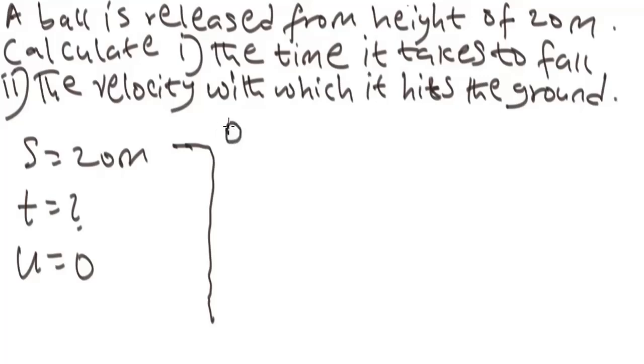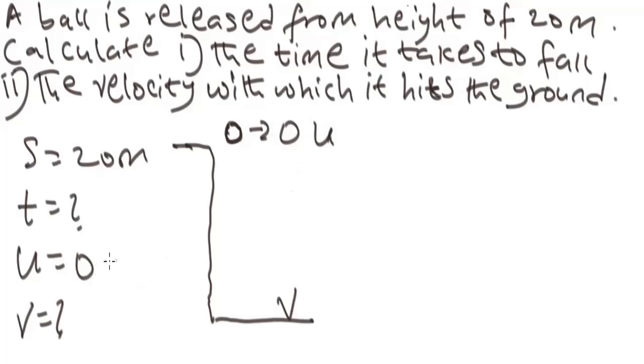Initially the ball has an initial velocity of 0, before it starts falling. The final velocity is unknown, so the velocity it will take from here until it hits the ground will be the final velocity. This one is our initial velocity, u, which is 0.